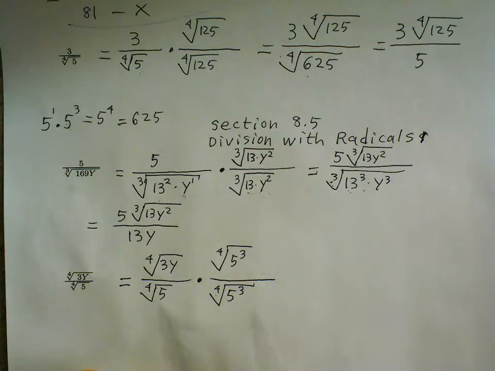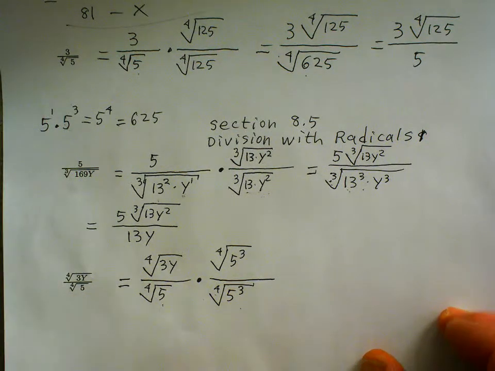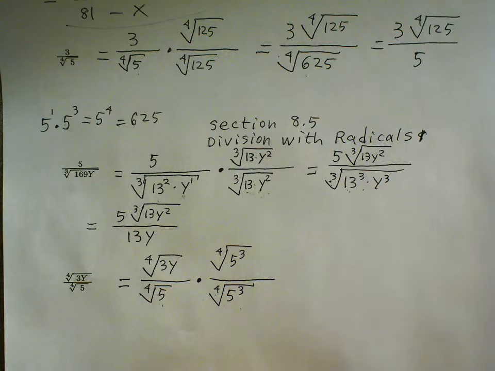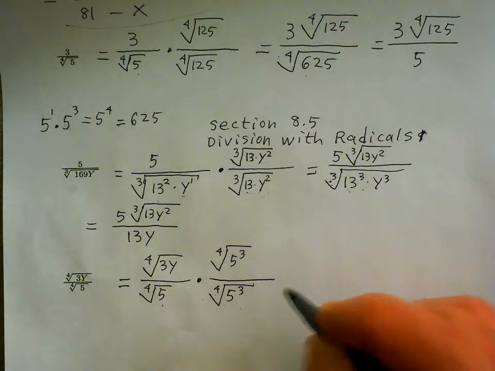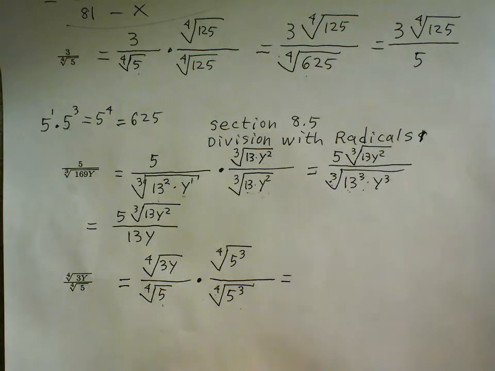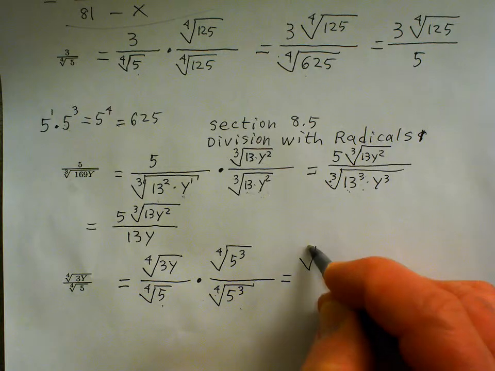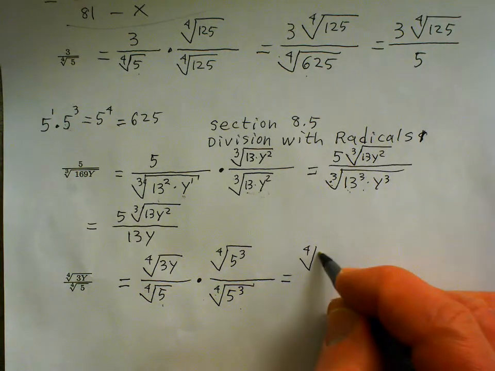is because the fourth root of 5 times the fourth root of 5 to the third is the fourth root of 5 to the fourth. But since 5 to the fourth is a perfect fourth power, the fourth root of 5 to the fourth will simplify to 5. Okay, let's take a couple of steps to get to the end result.